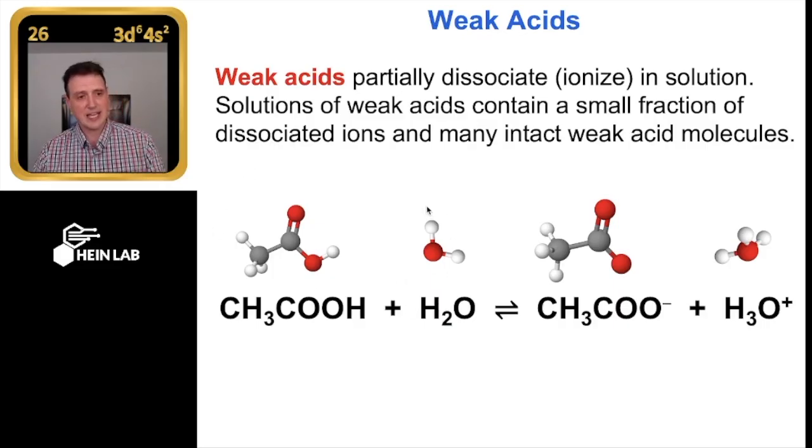Now remember, in a Ka expression, water is acting as your base. It's the guy who's picking up the proton. That forms our H3O+. That's the conjugate acid from water being a base. That means if this is my acid, its conjugate base is this ion right here. It's the A minus, but it's this CH3COO minus system here. That's the A minus component.